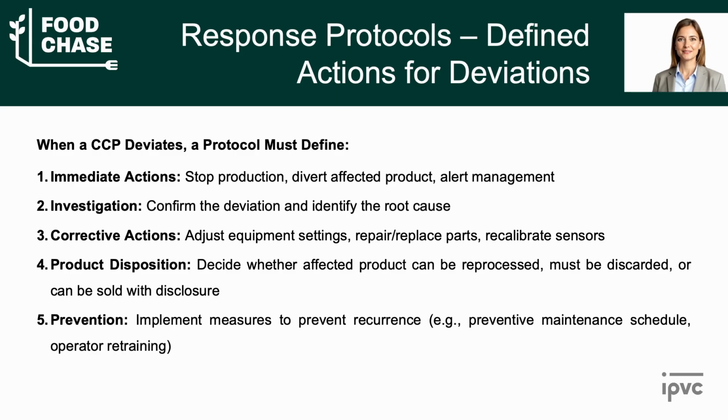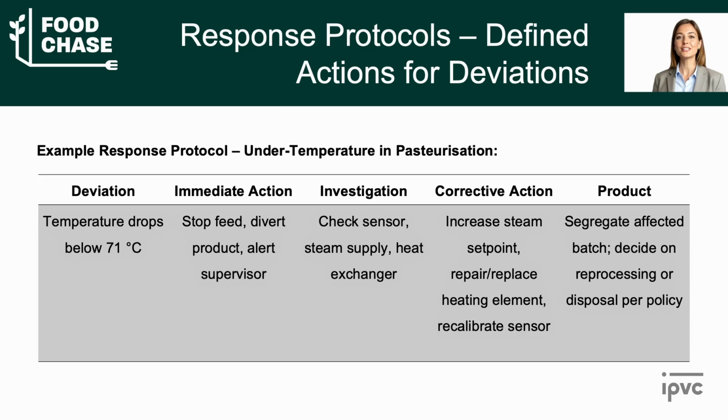Product disposition: decide whether affected product can be reprocessed, must be discarded, or can be sold with disclosure. Prevention: implement measures to prevent recurrence, e.g., preventive maintenance schedule, operator retraining. Every food company must have written protocols that define what to do when a CCP deviates. These protocols are part of the HACCP plan and are signed off by management.